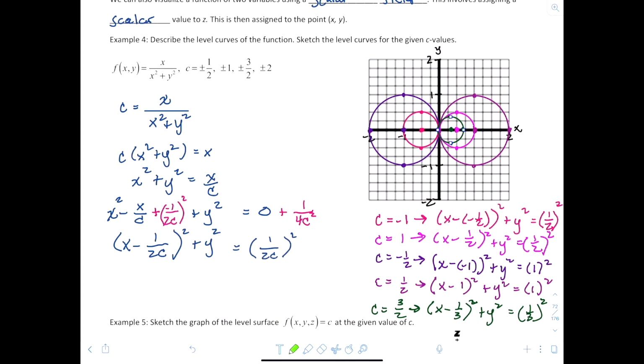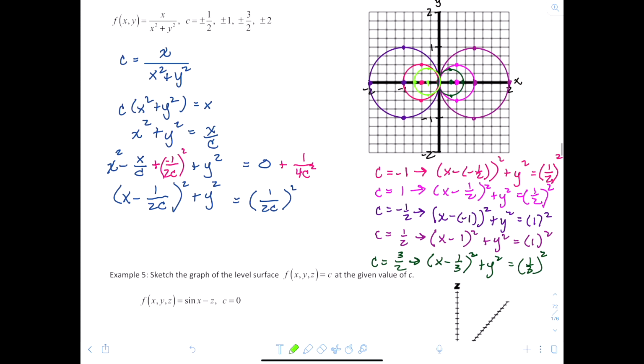And on the other side, something like this.